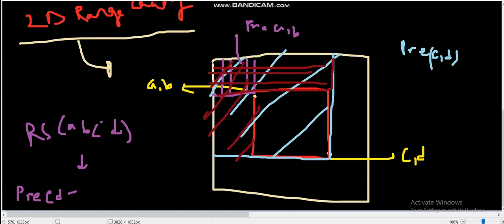The above portion will be prefix[a-1][d]. Similarly, this rectangular portion will be prefix[c][b-1]. Now we will be adding back this smaller rectangle, so it will be prefix[a-1][b-1]. This is the formula for the range sum of a, b, c, d.